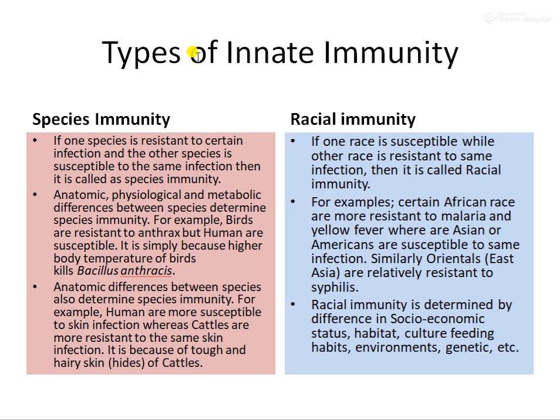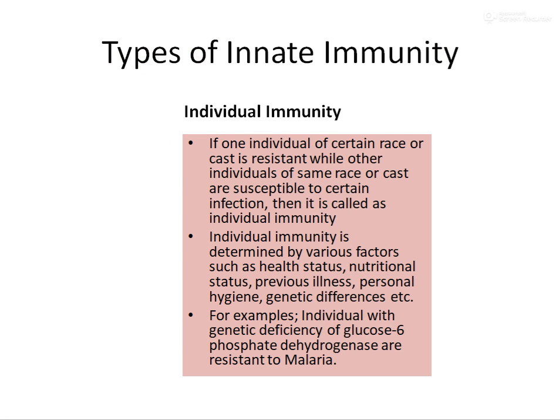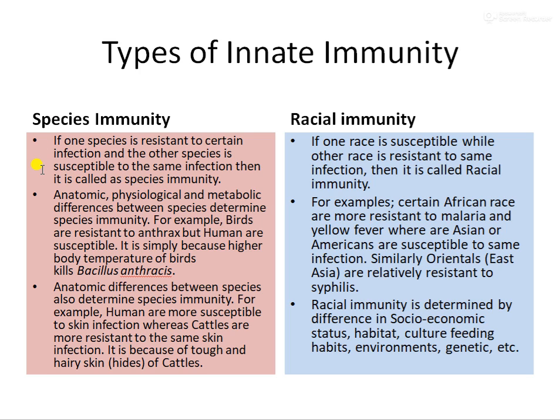You can also classify innate immunity as species immunity, racial immunity, and individual immunity. If one species is resistant to a certain infection and another is susceptible to the same infection, then you call it species immunity. For example, birds are resistant to anthrax, but humans are susceptible. Sometimes some races have a special type of immunity because they are resistant to some infection.